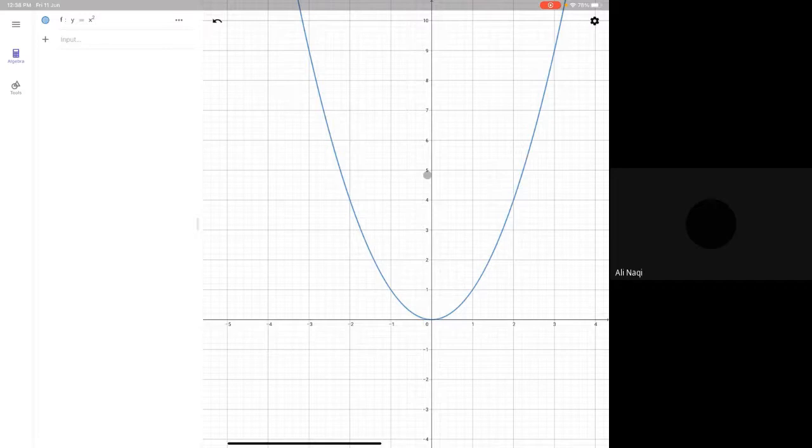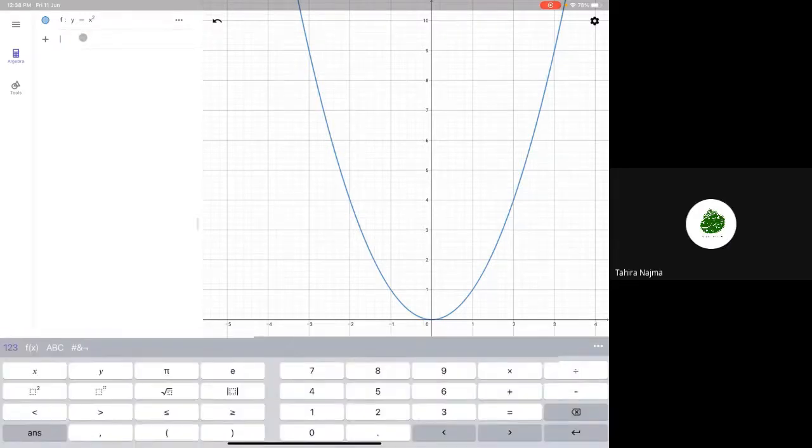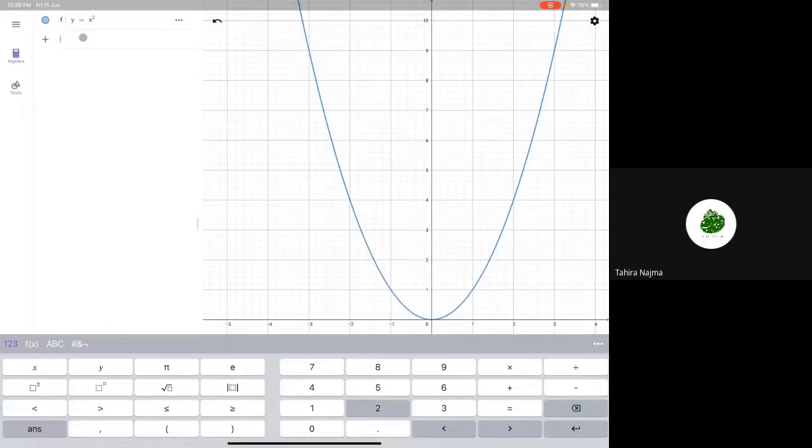Are you getting my point? Yes, sir. For example, what is 2 square? 2 square is 4. तो 2 की जगह आपको आ गया 4. 2 के नाइबरहुड में एक और पॉइंट है 2.1, तो 2.1 स्क्वायर क्या आएगा? 4.4 आएगा. Are you getting my point?